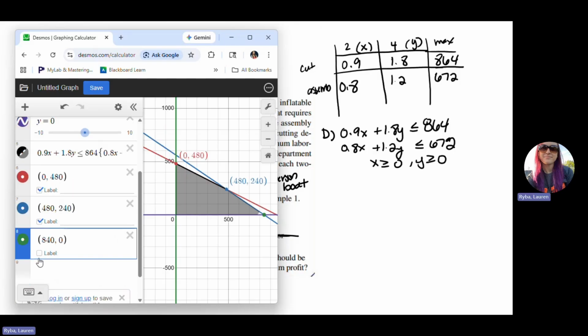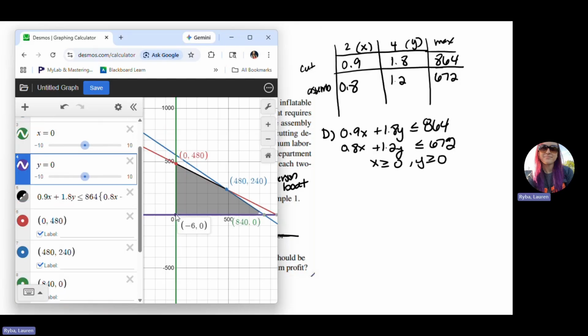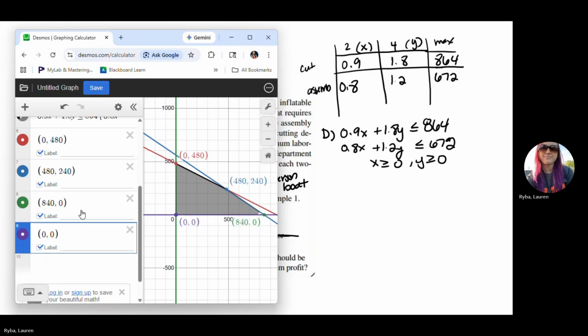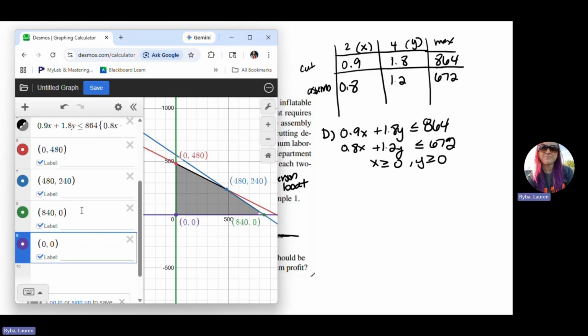And then our origin is also a corner point. So when we have 4 lines, so 4 inequalities, 1, 2, 3, 4, 4 intersection points that we are going to have. Now, when we go to the next part here, do I really need to check 0, 0?